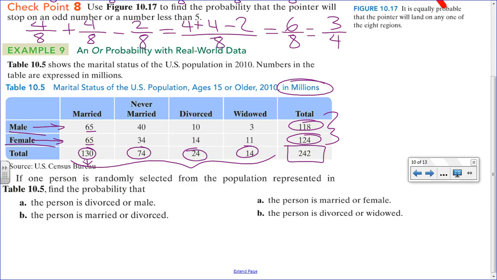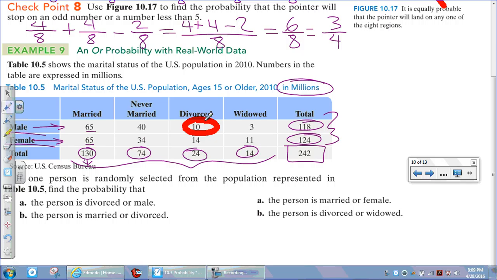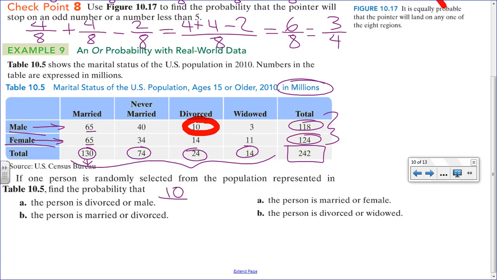So if one person is randomly selected from the population represented in the table, find the probability that A, the person is divorced or male. And so for a person to be divorced or male, it will have to be here. So that will be 10 out of 242.